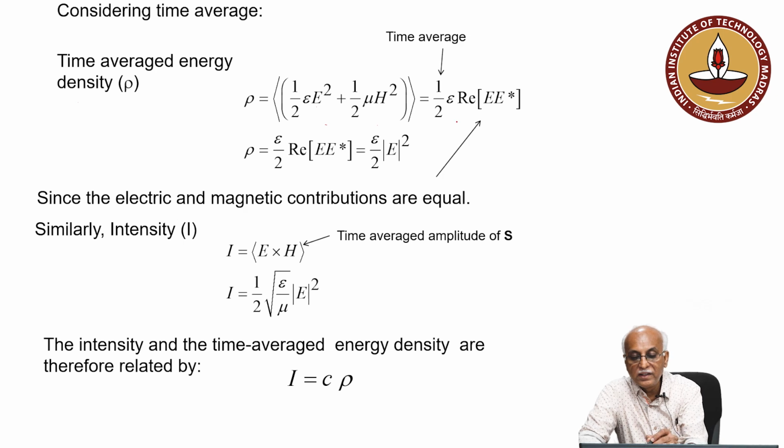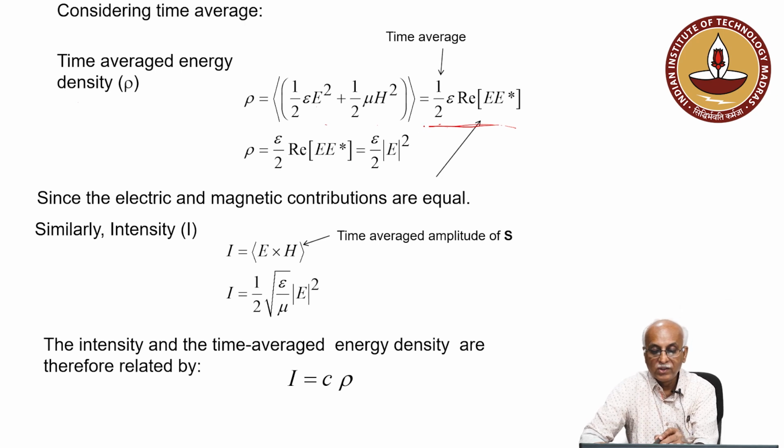Mathematically it can be expressed by either of these two terms, E and H being identical in amplitude, and E square can also be expressed as E into E conjugate of the electrical field.